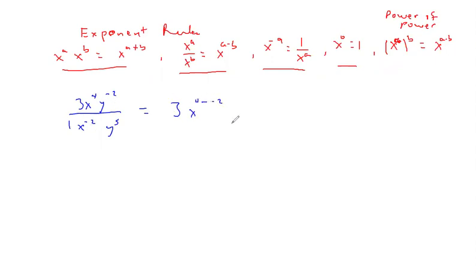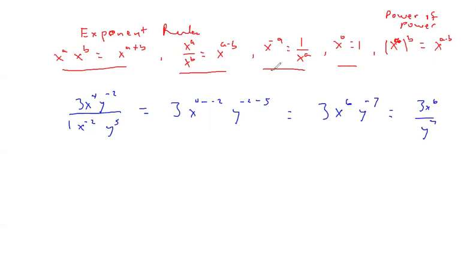Minus a negative 2, and y to the negative 2 minus 5. I'm strictly using this division rule right here. And that gets me 3x, a negative is positive, so that's x to the 6th, and y to the negative 7. Or, if you wish, 3x to the 6th over y to the 7th.